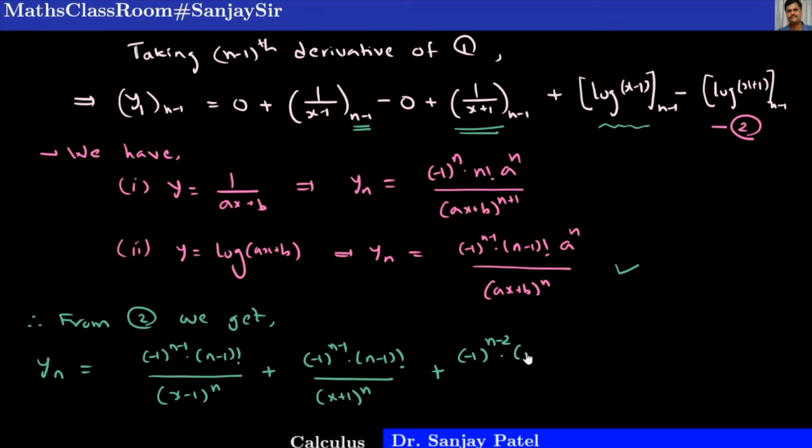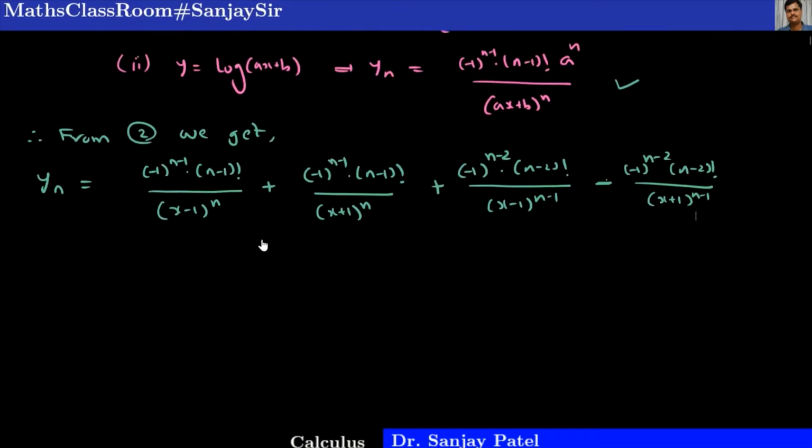So into n minus 2 factorial upon x minus 1 raised to n minus 1, minus the n minus 1th derivative of the next term. So again we get minus 1 raised to n minus 2. Everything remains same except the function. Instead of x minus 1 we have now x plus 1. So just replacing n by n minus 1 here, you will get the n minus 1th derivative. Just it's a matter of simplification now. So let us simplify this.